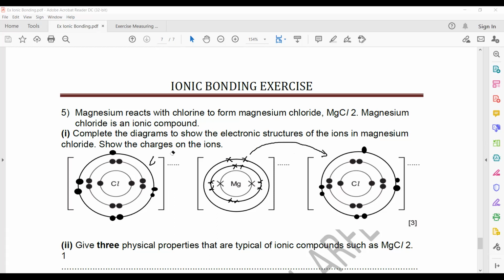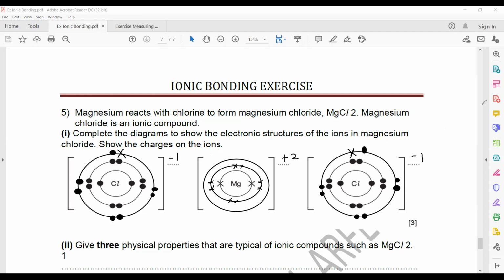So what will be the new structure now? As the 2 electrons in the outer shell of magnesium are transferred to chlorine, each chlorine will have 1 extra electron. Because chlorine takes 1 extra electron, the charge will be -1. Magnesium loses its last shell electrons, so the charge should be +2. This chlorine also took 1 extra electron, so the charge will be -1.